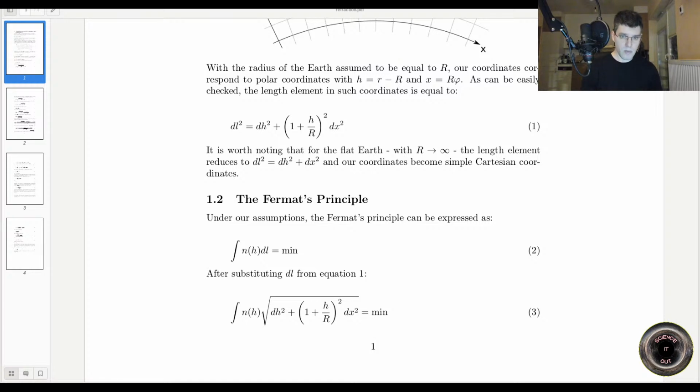Anyway, it doesn't really matter because it's often also written in a different way, and that's what actually is in the miniature of this video, and it's written like this.